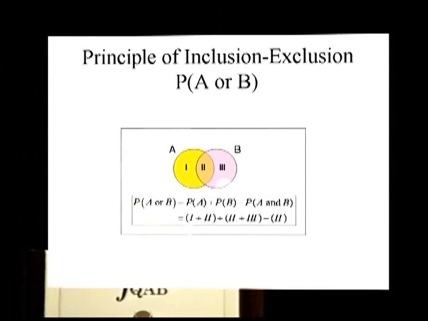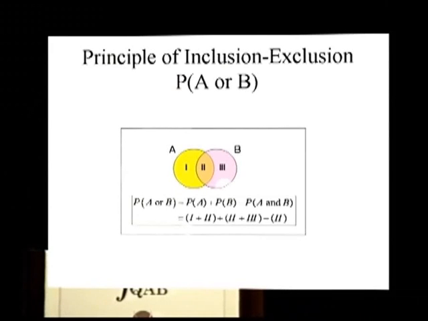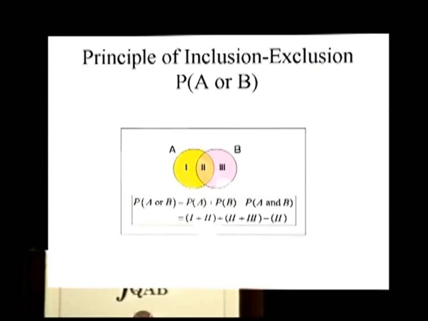But if I stop there, I would have added area 2 twice. I would have counted it one too many times. So, I know that this probability is 1 plus 2 plus 3, because those are the three areas there. But if I go A, I have 1 plus 2. If I go B, I go 2 plus 3. Therefore, I need to subtract 2. That's why we get this subtraction.